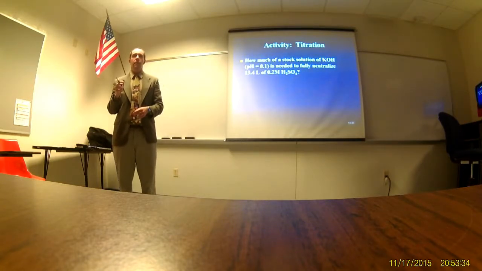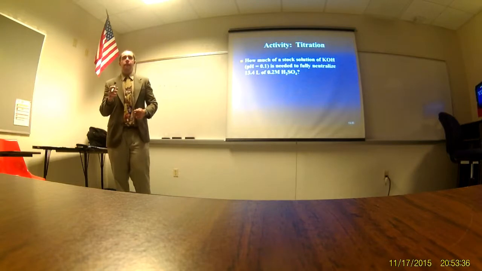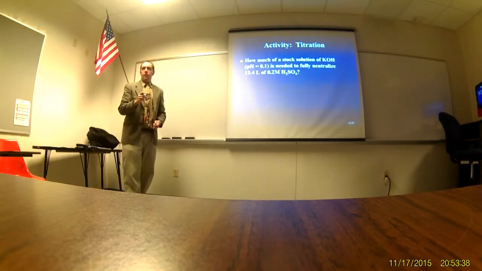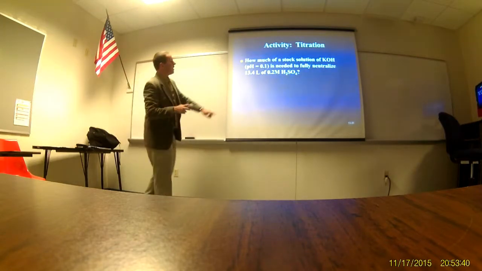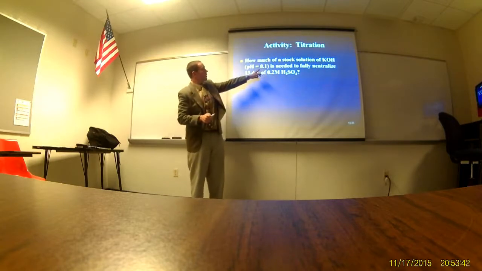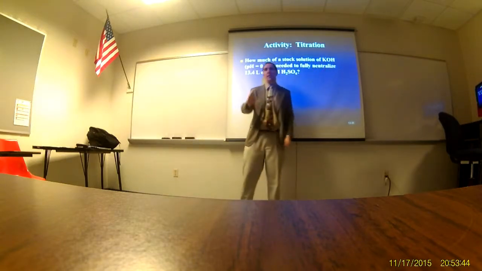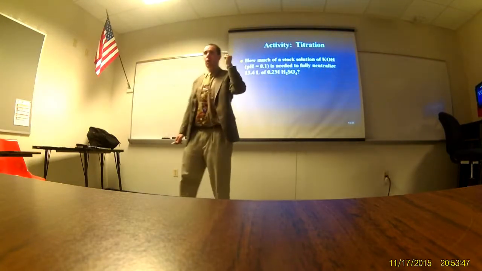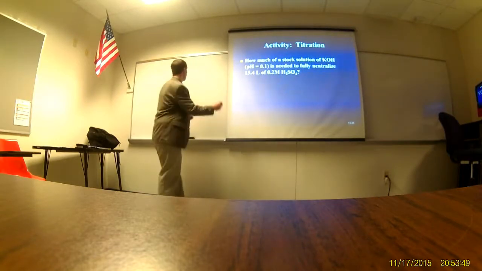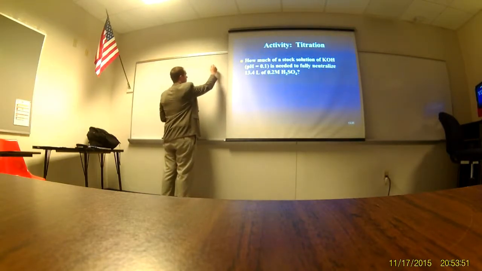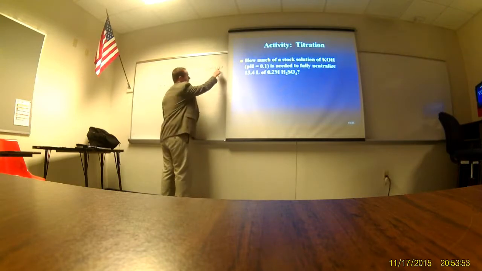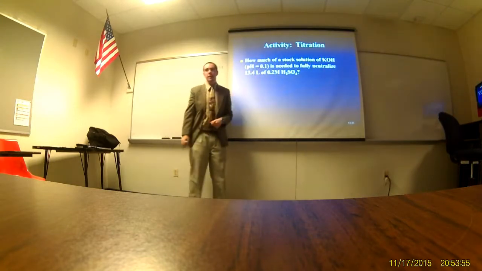Something like backwards. If pH is 0.1, we're dealing with OH, so I would immediately go to pOH. What's my pOH? 13.9. That pOH is 13.9, since 13.9 plus 0.1 is 14.